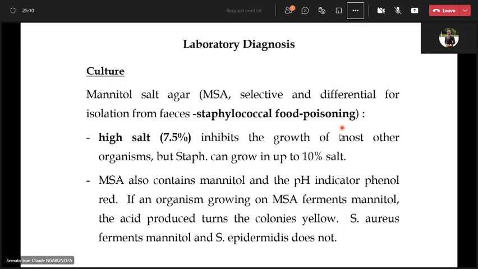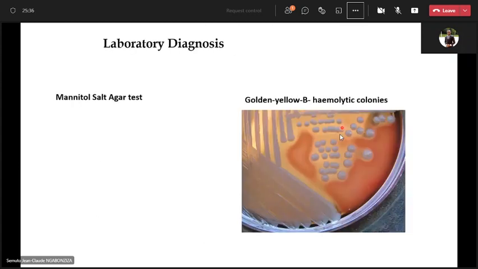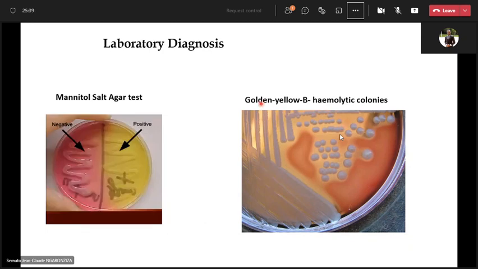The colony will be yellow because of this acid due to mannitol fermentation, and this is for aureus. But if the microbe does not ferment mannitol, the color of the media remains red. So this is mannitol positive in yellow and mannitol negative, and the yellow one is mostly Staph aureus.